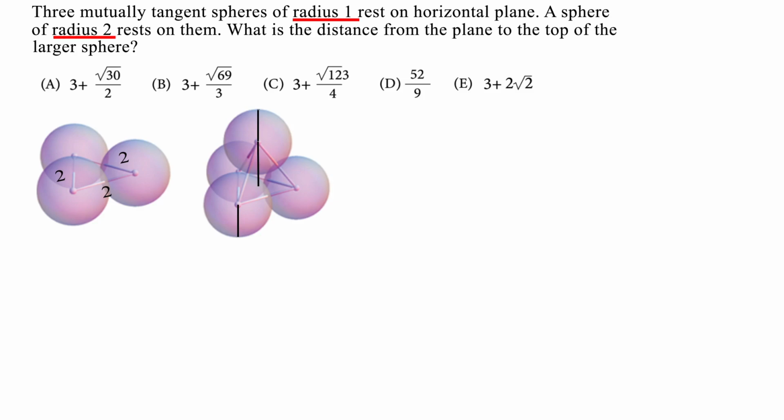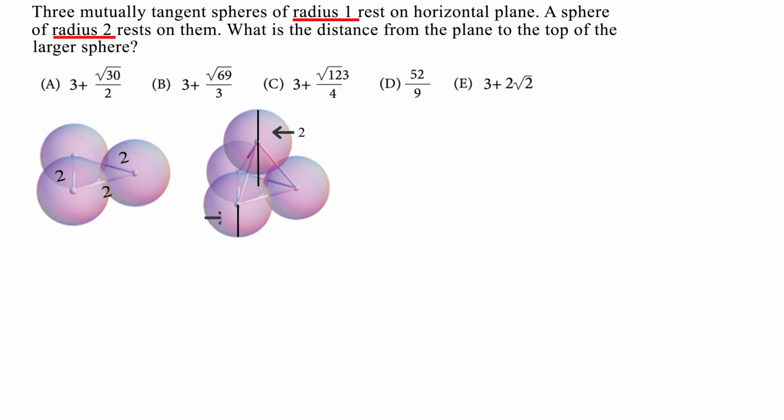Now, the good news is the first one, from here to here, is straightforward. That is the radius of the big sphere, so it is equal to 2, as they state in the question. The next one, from the base of that triangle to the bottom, is the radius of one of the smaller spheres on the bottom, and that's 1.